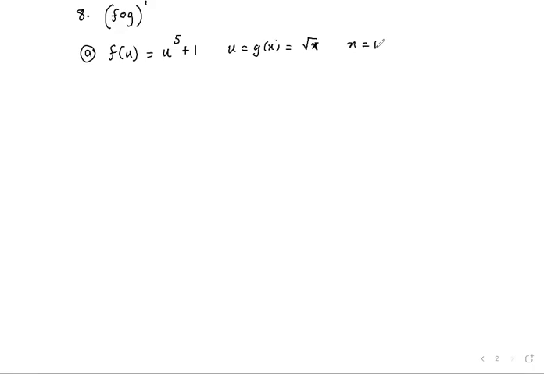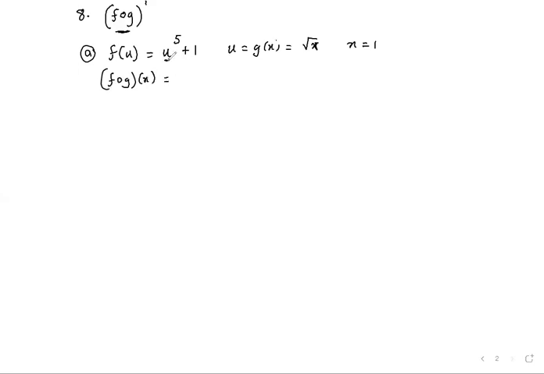So f of u is equal to u to the 5 plus 1, and u is equal to g of x, which is equal to root x. So we want to find the composite function f of g and then differentiate it. We can choose to use the chain rule or to find f of g first. So maybe let's just find f of g, since we can. What is f of g of x?